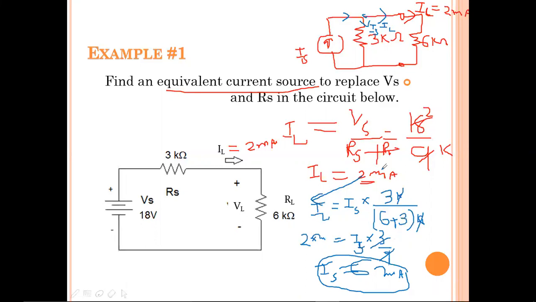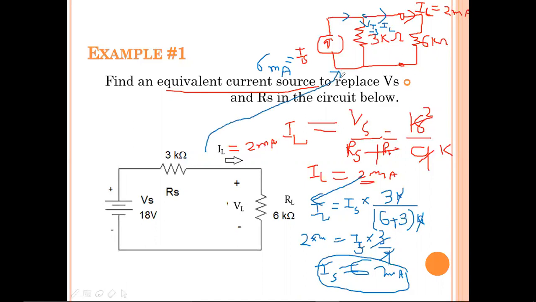Hence, I got the source current as 6 milliamps. So this is the way of transforming, a way of the current traveling.